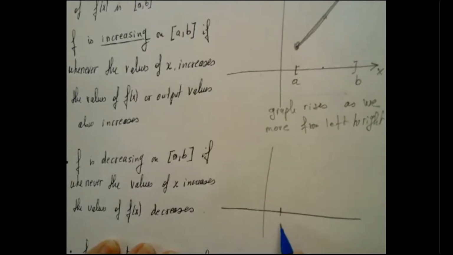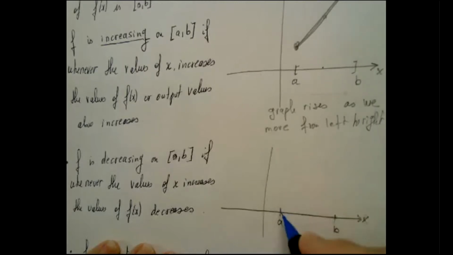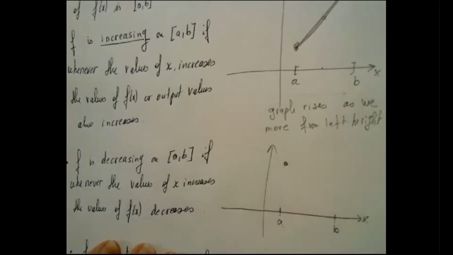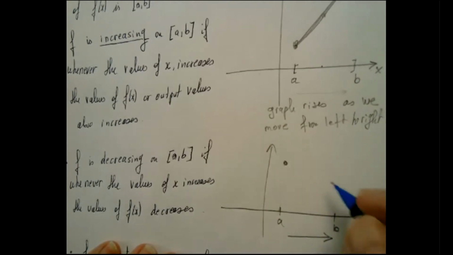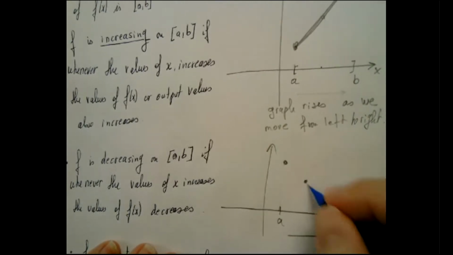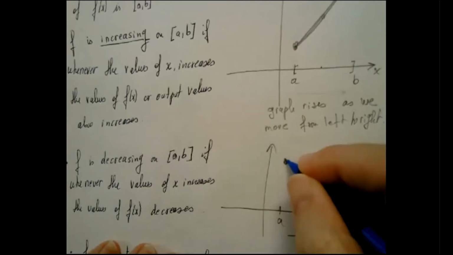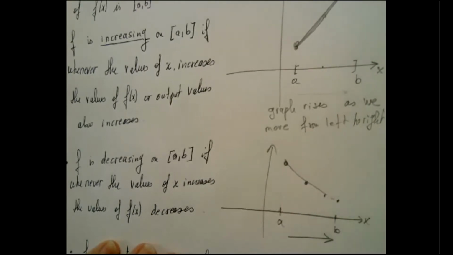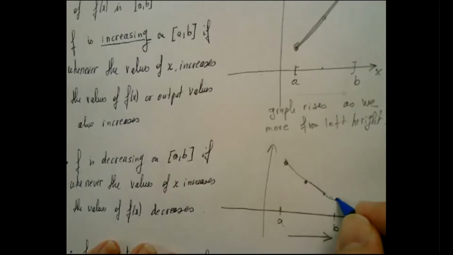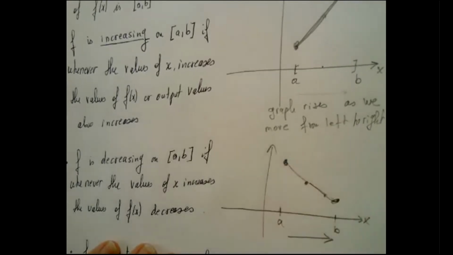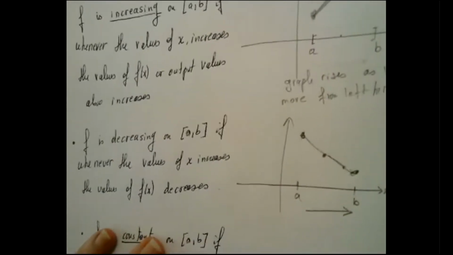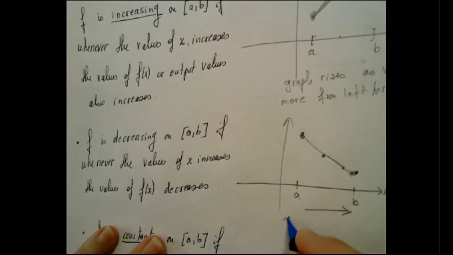This is A and this is B. Suppose the function takes this value at A. Decreasing means as you move to the right, my output keeps losing value. It means my function is actually falling down. That's decreasing graphically. So the graph of f falls.